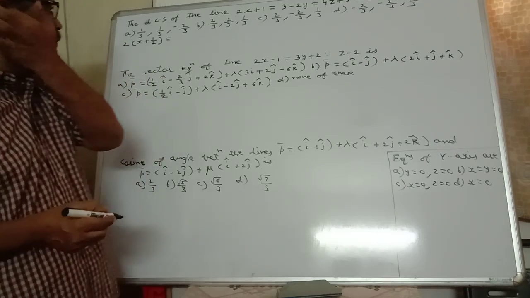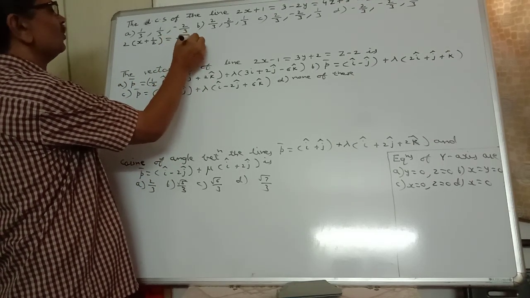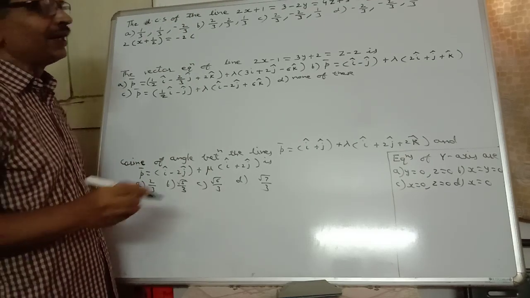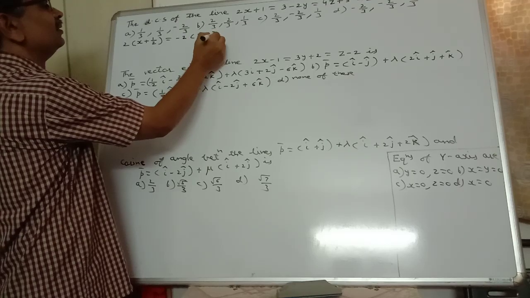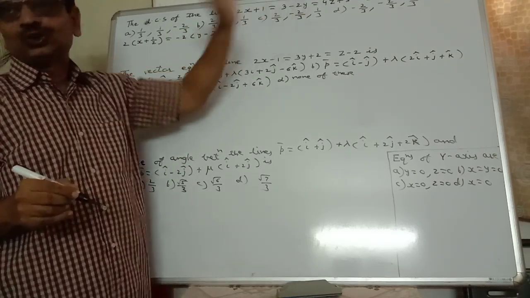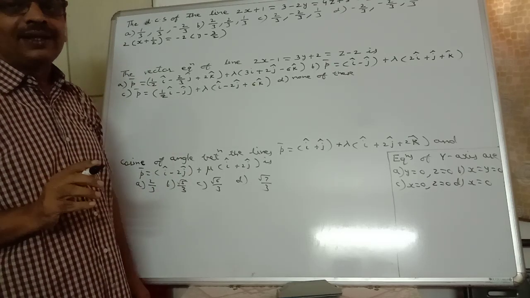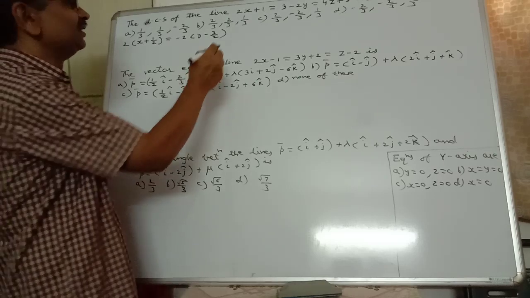Here instead of 2 we have to take minus 2 common because the term of y is negative. Minus 2 into bracket (y - 3/2). If we open this bracket, we get these two terms. So we have not made a change in the expression, we have made only an adjustment.